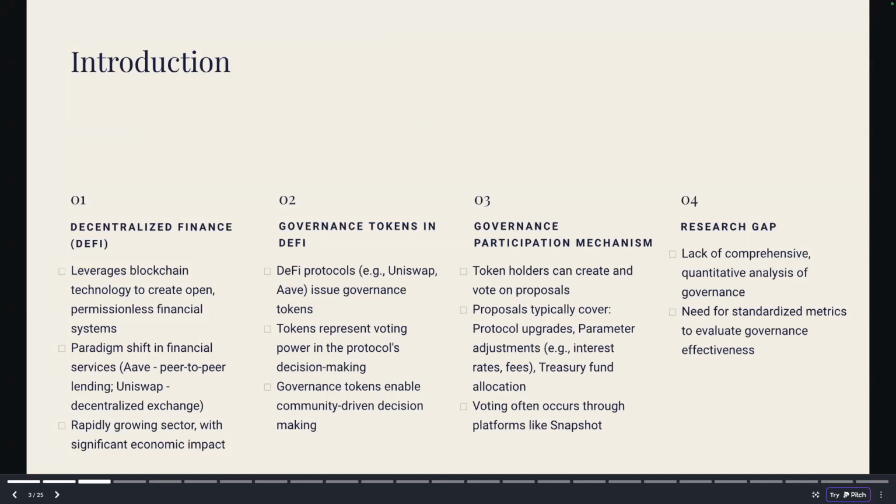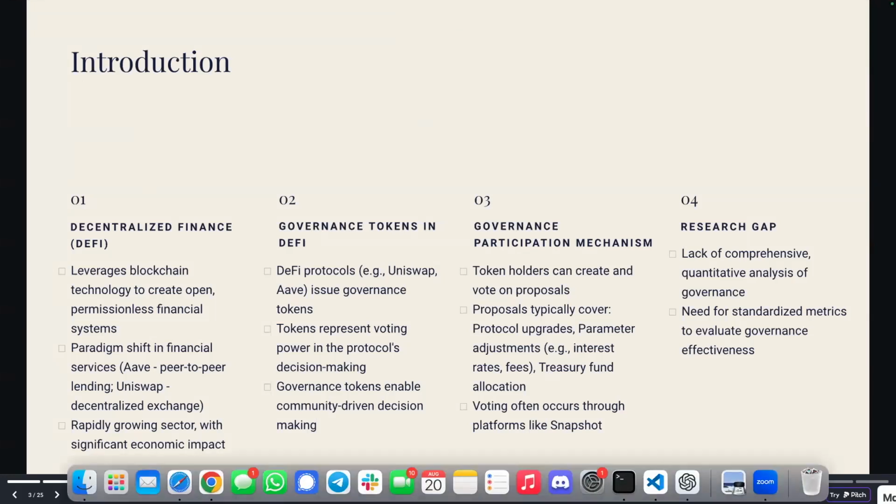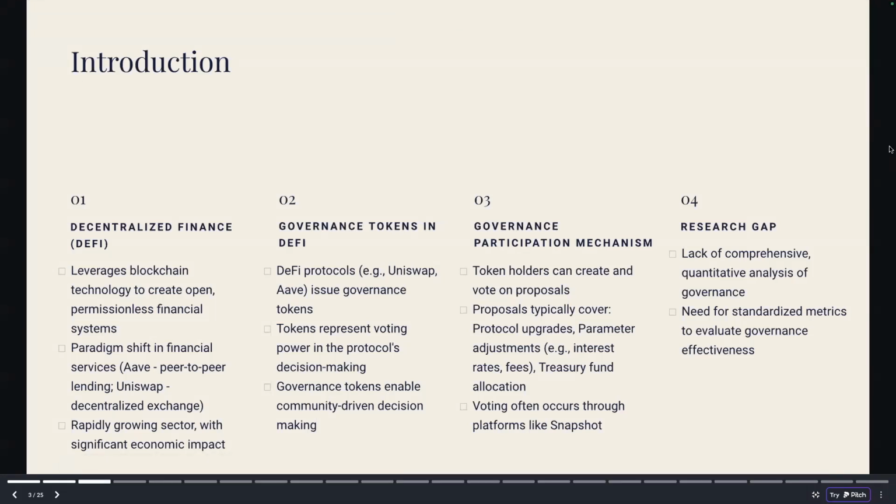We have projects like Aave, which does peer-to-peer lending, or Uniswap, which is a decentralized exchange. In fact, they're recreating the services from traditional industries in decentralized finance, and this sector is rapidly growing.